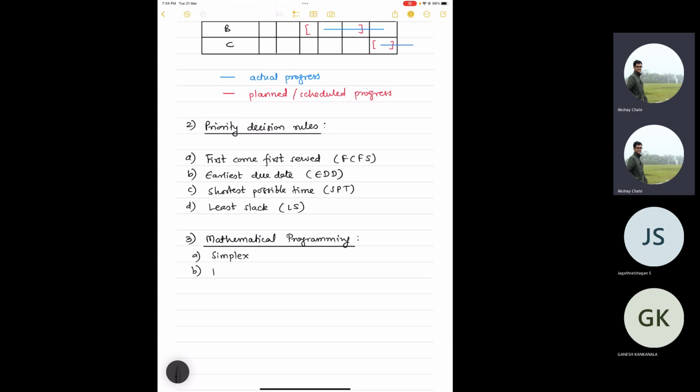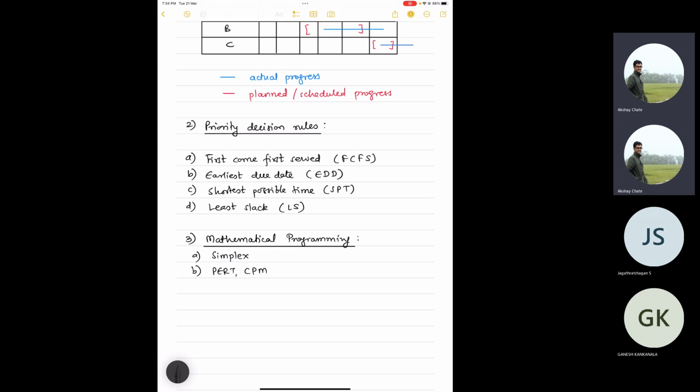Then there are PERT, CPM. These are basically used for different projects, not only in production. In projects there are a number of tasks, right? If the project is big, it will involve a large number of tasks and a large number of people working on different tasks.